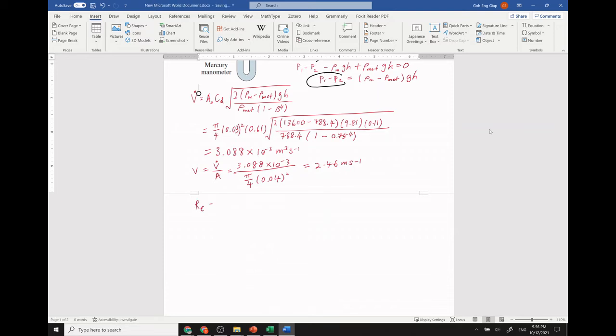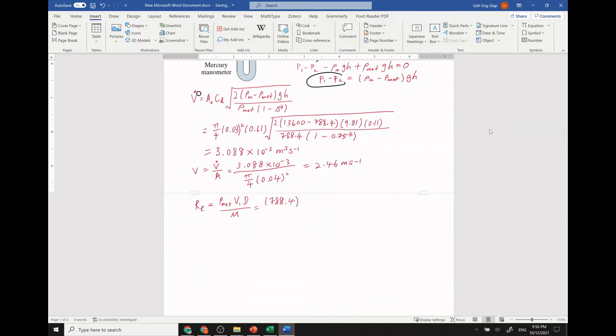So the Reynolds number is given by rho methanol v1, okay, and then big D over dynamic viscosity. All right, so the rho methanol is 788.4.